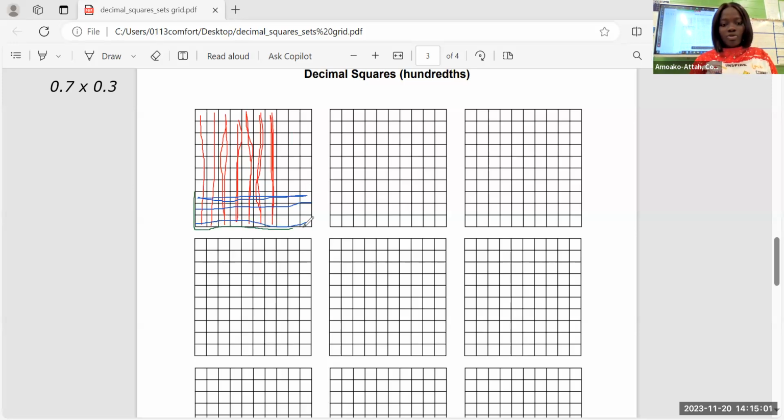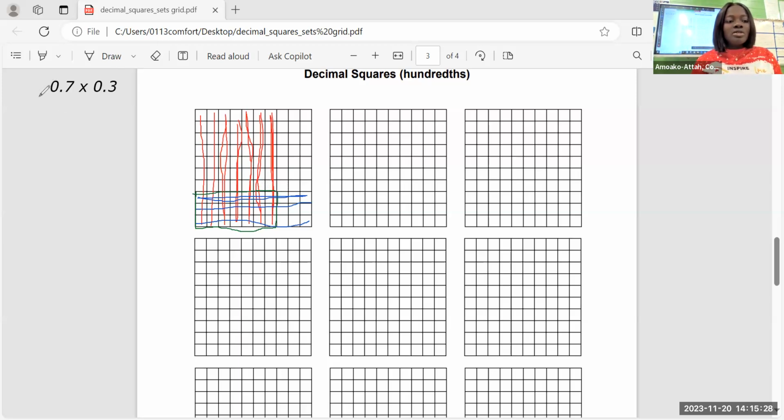Sorry, let's clean it and do it again. So we have our double shaded portion to be here. From here, 1, 2, 3, and 1, 2, 3, 4, 5, 6, 7. So 7 times 3 gives you 21. Good, so this becomes our double shaded portion.